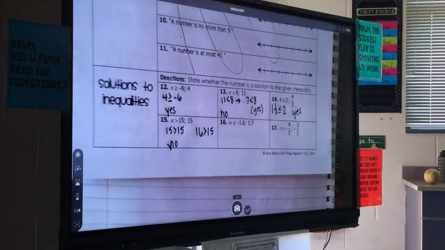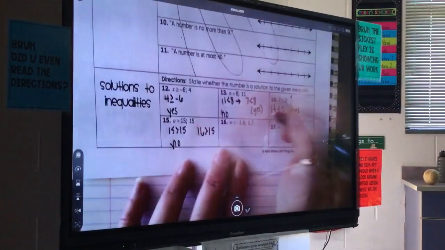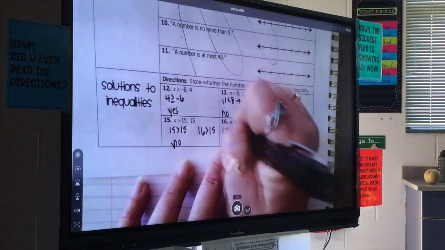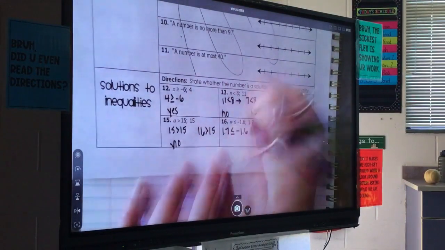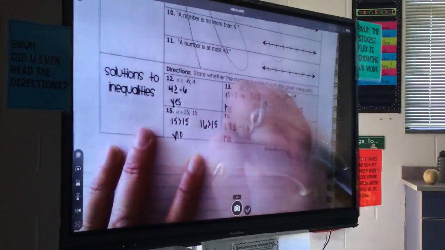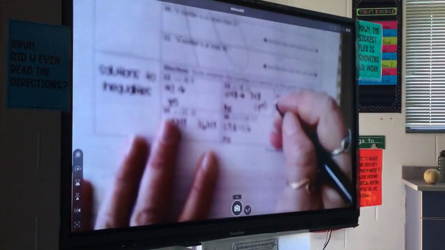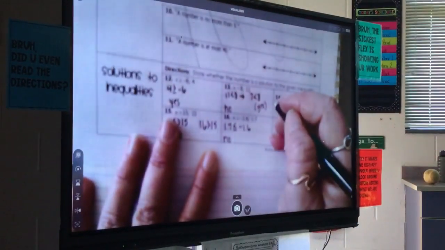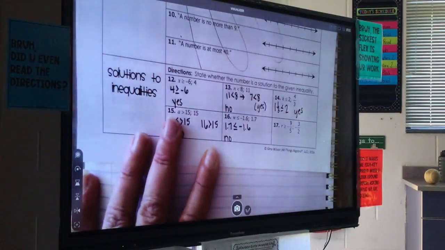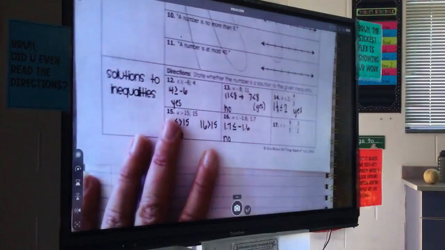All right. Number 16. You have 1 7/10 is less than or equal to negative 1 6/10. Is this true? No. Brayden, give me a number that makes this true. 2. No. Nope. Because that's a negative 1 6/10.